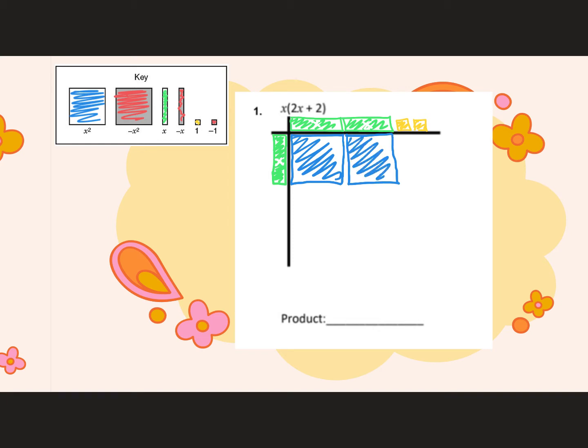Then I have X times 1, which gives me X, and then X times 1, which gives me X. All right, so when I look at this, that leaves me with 2X squared plus 2X. Again, if I were to use the distributive property and do this algebraically without using my algebra tiles, I would still get 2X squared plus 2X.